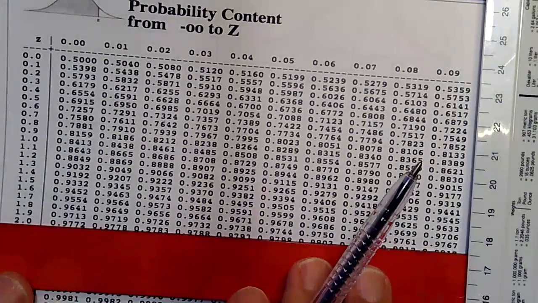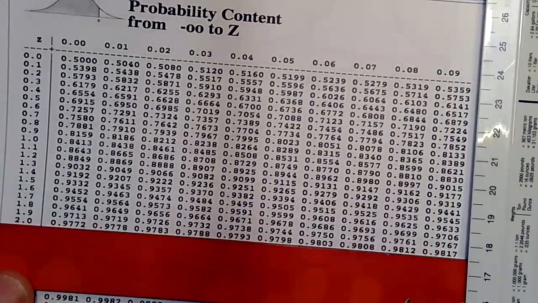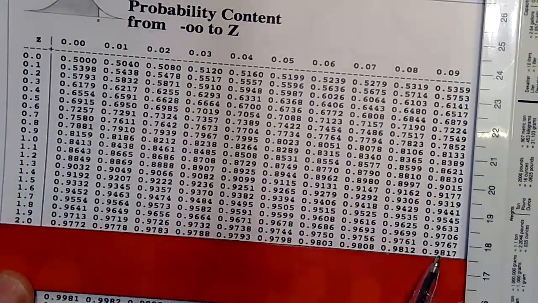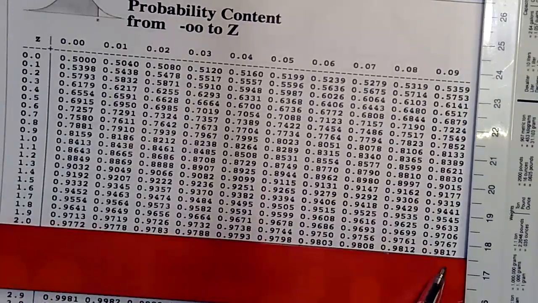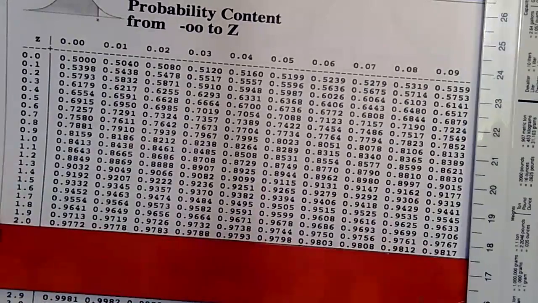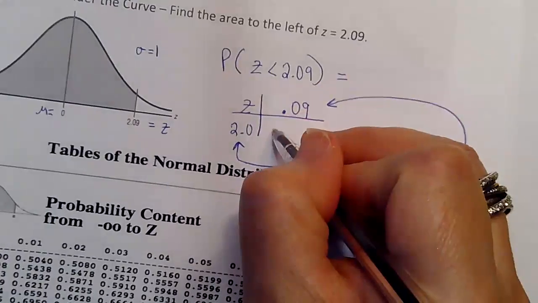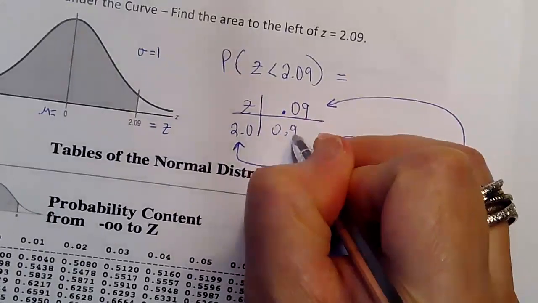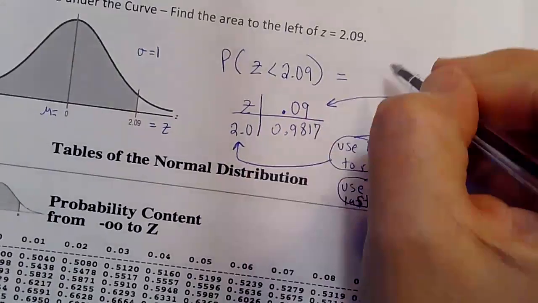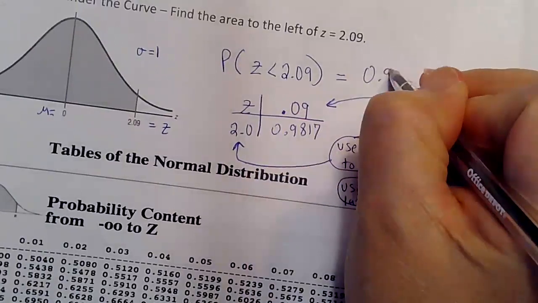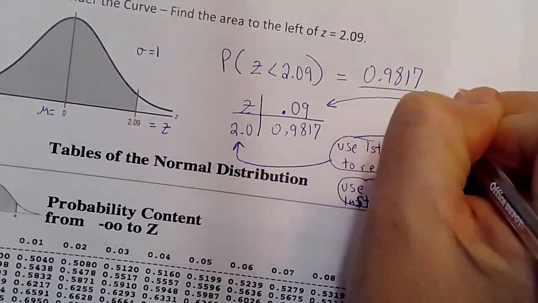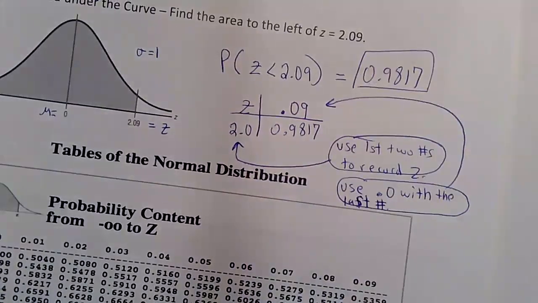And there we go. See that right there? 0.9817. So you want to write that down. 0.9817. And that goes to also here. 0.9817, and that goes here. And that's your area underneath the curve.